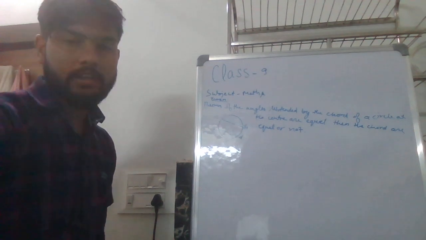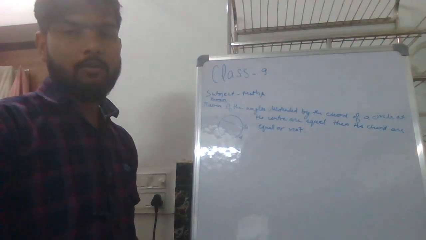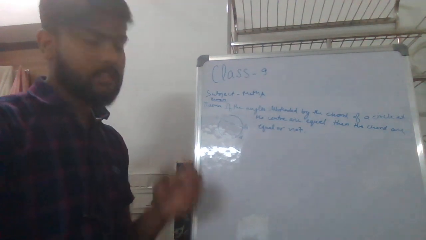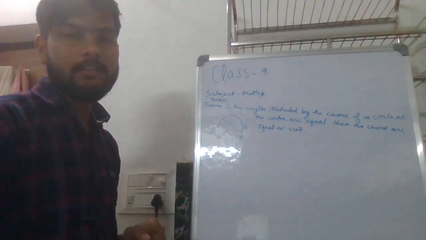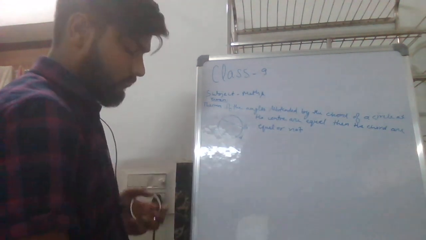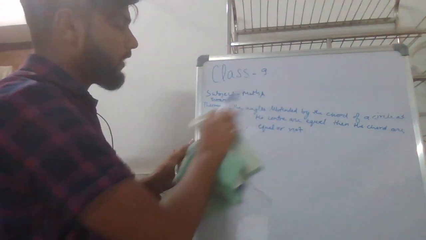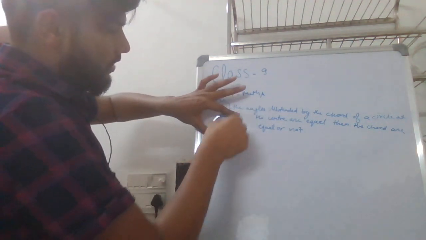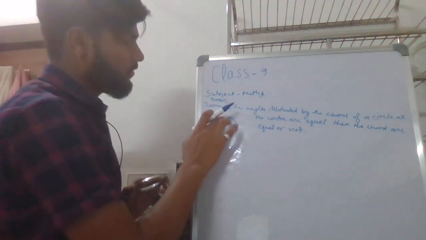Now you have to prove this theorem. What is given over here? First we have to draw the circle and then make a chord. I will draw a figure, a circle first.